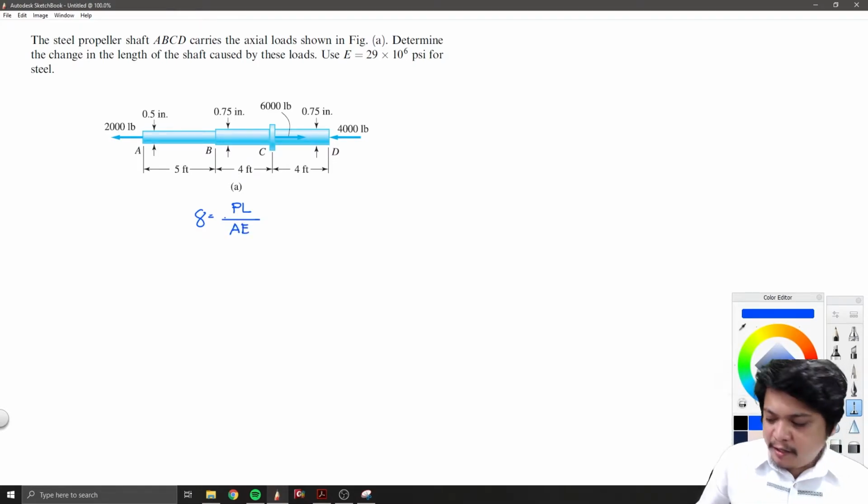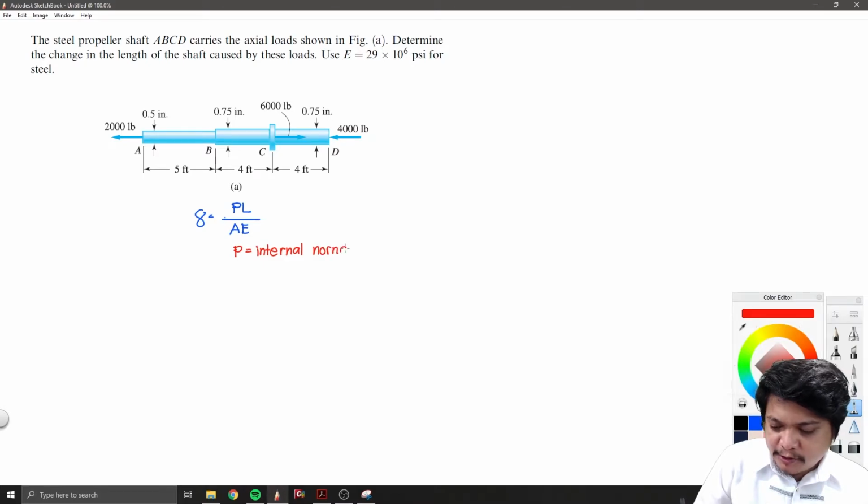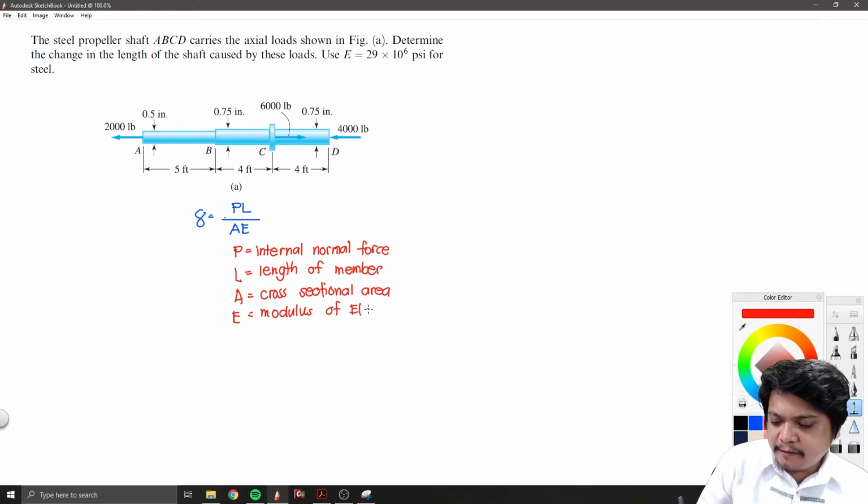Wherein the P is the internal normal force, the L is the length of the member, the A is the cross-sectional area, and your E is the Young's modulus of elasticity.